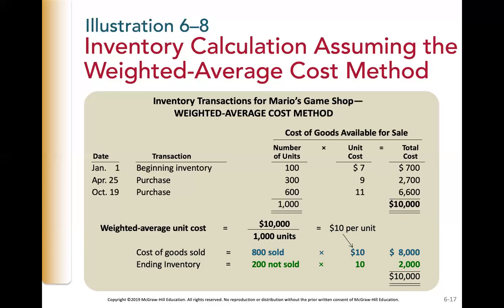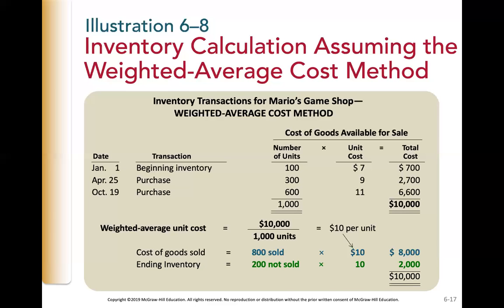Also, you could say we had 1,000 units, we sold 800, therefore we have 200 not sold. 200 not sold times our $10 weighted average unit cost equals $2,000. Our cost of goods sold of $8,000 and our ending inventory of $2,000 equals our goods available for sale of $10,000.